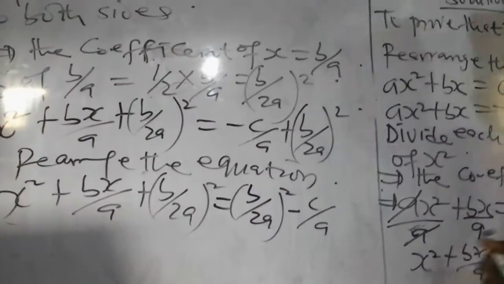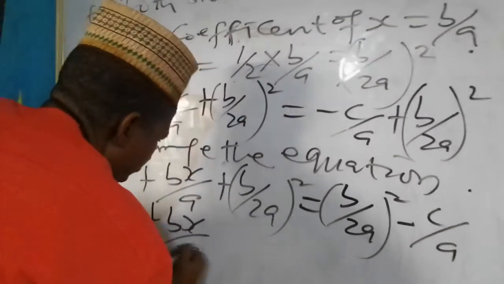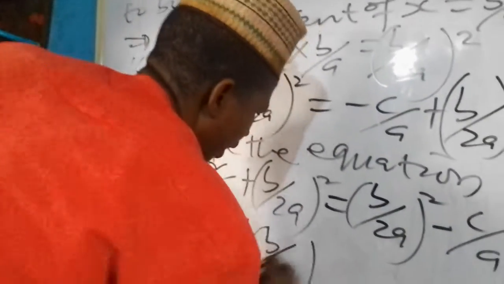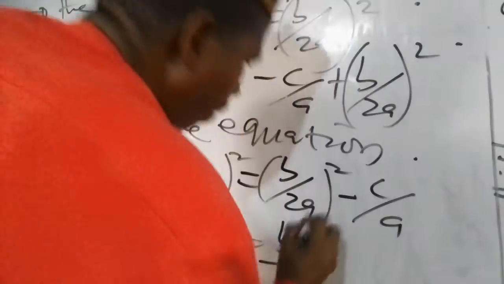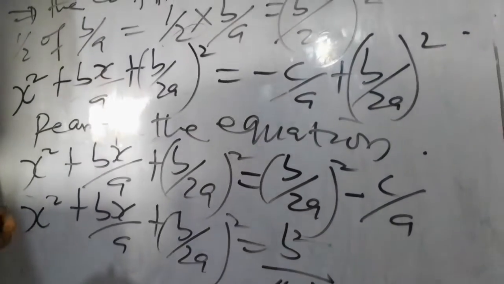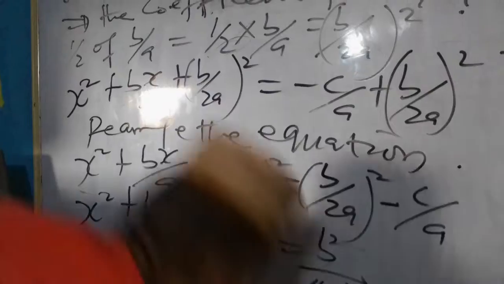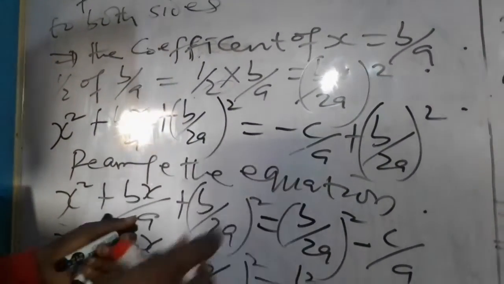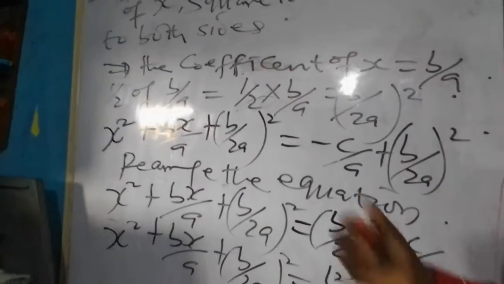Then it means that we have x squared plus bx over a plus b over 2a, everything in bracket squared, equals b squared over 4a squared, because 2a multiplied by 2a is 4a squared.